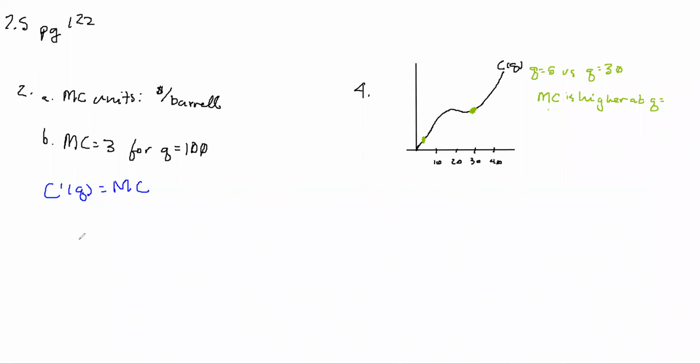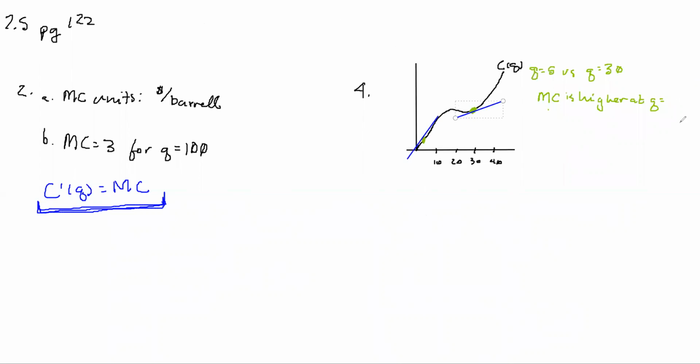What did we say marginal cost was over here? It's the derivative. So it's the slope of the tangent line. So at which point is the slope of the tangent line going to be greater? Oh, okay. At 5. Yep.